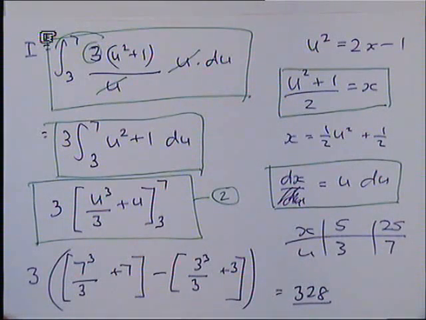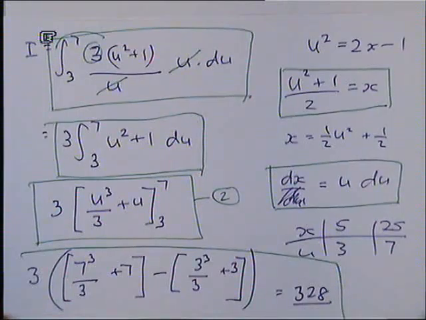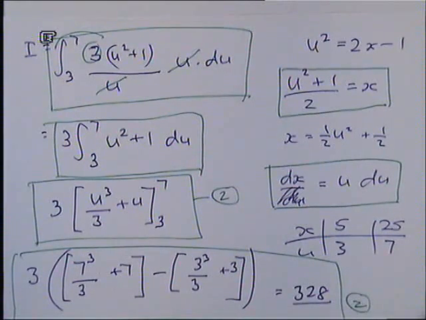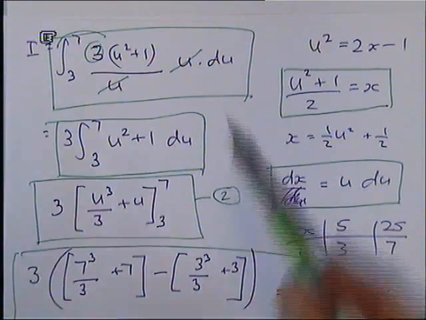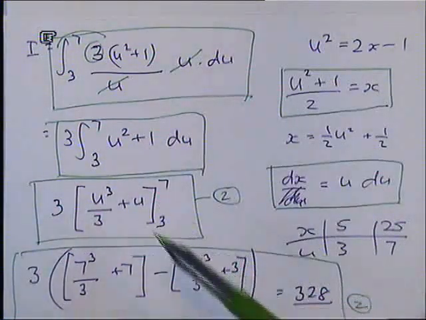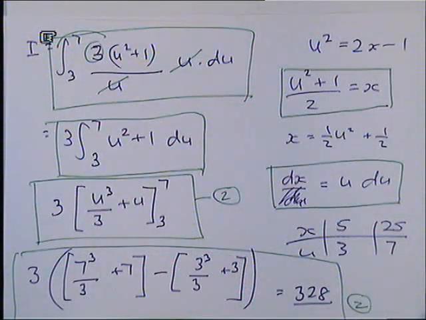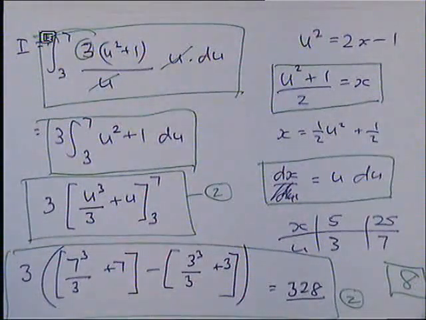And then 2 marks for that, which is 1, 2, 3, 4, 5, 6, 7, 8. So that question was out of 8 marks.